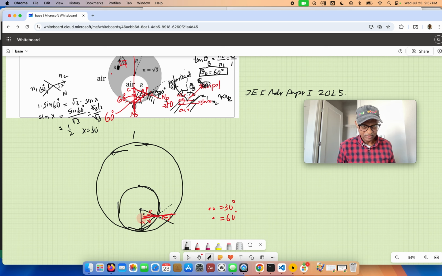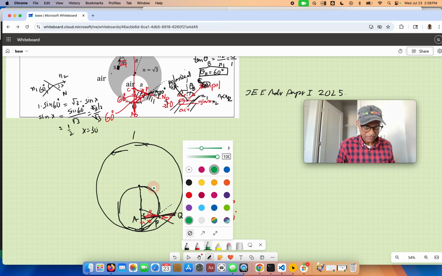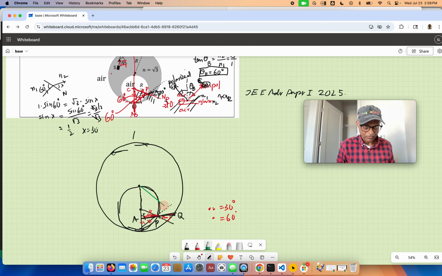So now I'm going to look at this whole line from, let's call it Q, and let's call this point P, and let's call it A, all the way to this line. So from here, the normal, let me get a different ink. Let's get a green ink. Normal over here will go in that direction. So this is the normal at Q. So this is the angle it hit.